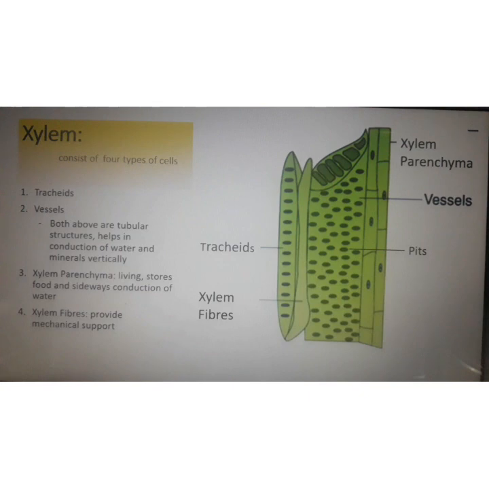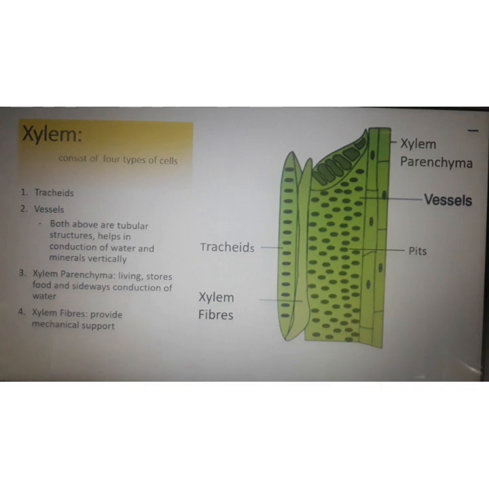Look at the xylem now. It consists of 4 types of cells: tracheids, vessels, xylem parenchyma and xylem fibers. Except xylem parenchyma, all other xylem elements are dead and bounded by lignified walls. Tracheids and vessels both are tubular structures which help in transport of water and minerals vertically.